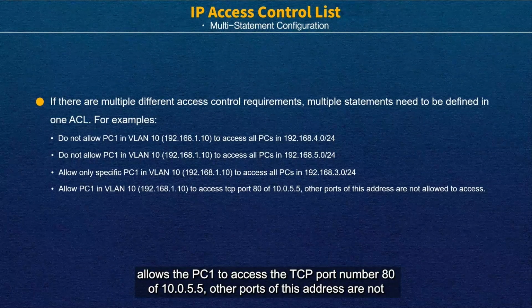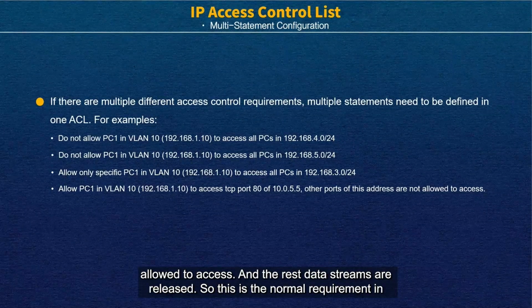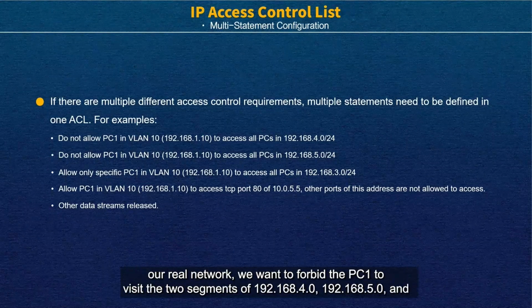Allow PC1 to access TCP port number 80 of 10.0.5.5. Other ports of this address are not allowed. And the rest of the data streams are released. So this is a normal requirement in our real network.